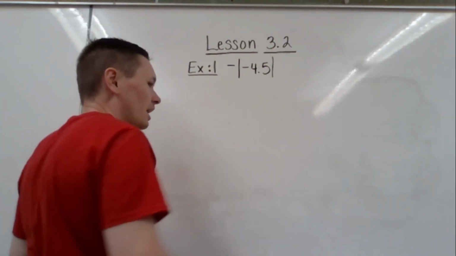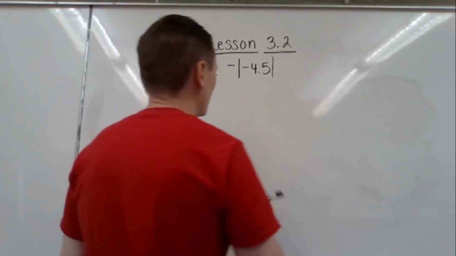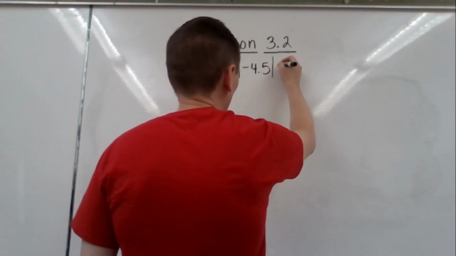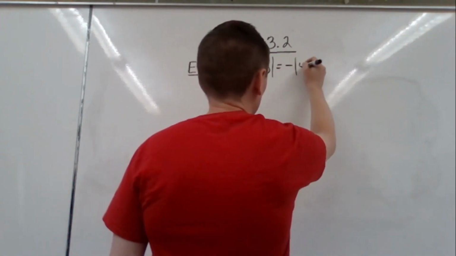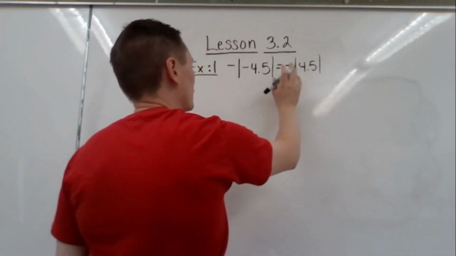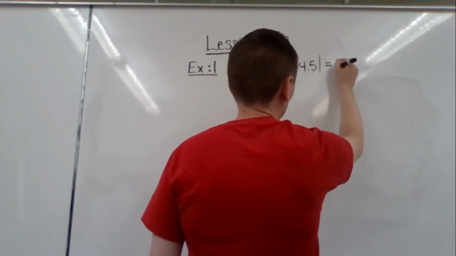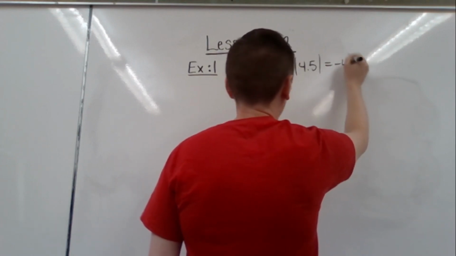It's just not a whole number anymore, it's a rational number. So we know the absolute value of negative 4.5 equals 4.5. Then add the negative sign, which equals negative 4.5.